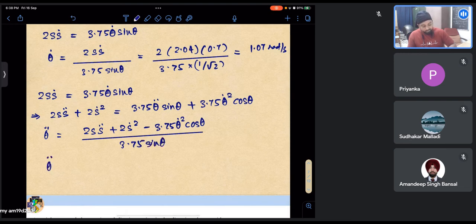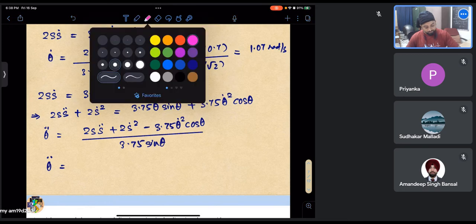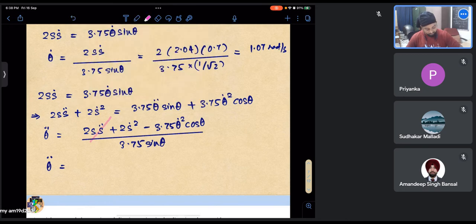So calculating the quantities is quite easy, as we just have to ensure that we are doing the differentiation systematically. From the question, we know that s double dot is 0. So we have only the other two quantities to account for. 2 into s dot, which is given as 0.7, squared, minus 3.75 into theta dot, which we just found as 1.07, squared, into cos 45, which is 1 by root 2.